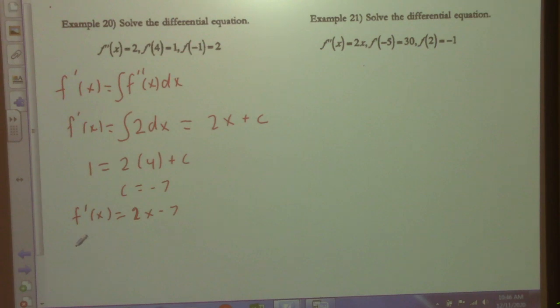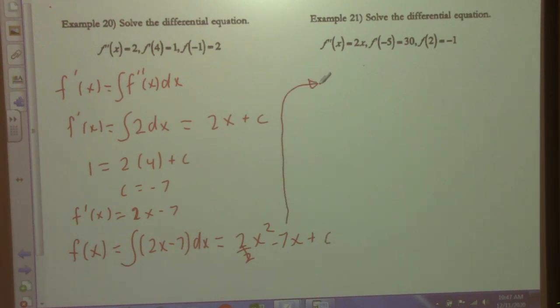But before I do the mechanics, I want to set up what that actually represents. f of x is equal to the integral of this thing right here, isn't it? dx. And what is that going to be equal to now, Hannah? You can do your work. It's going to be 2x squared divided by 2 minus 7x plus c. And so now we have our general solution.